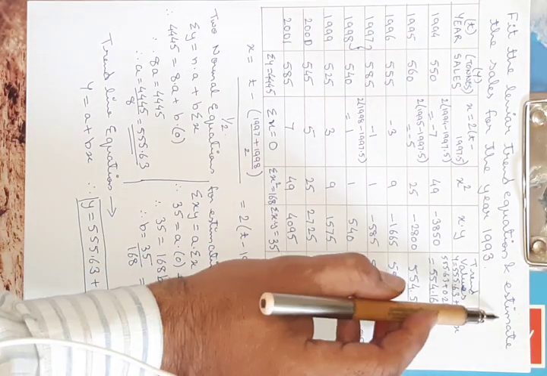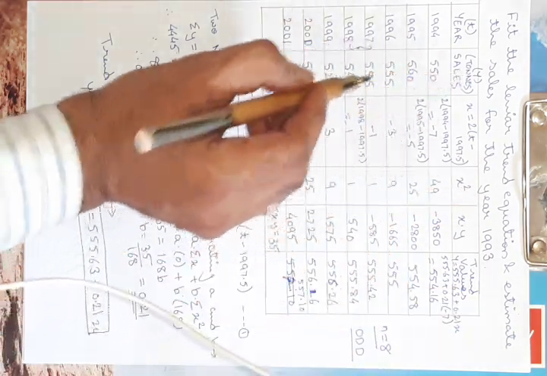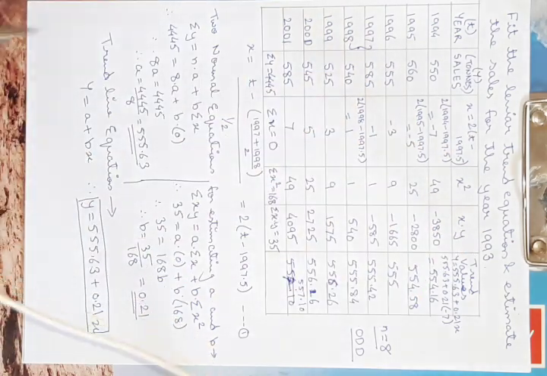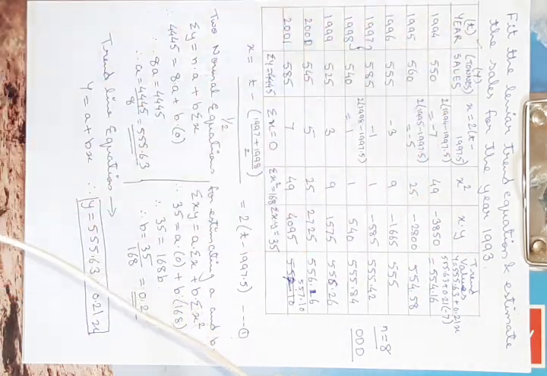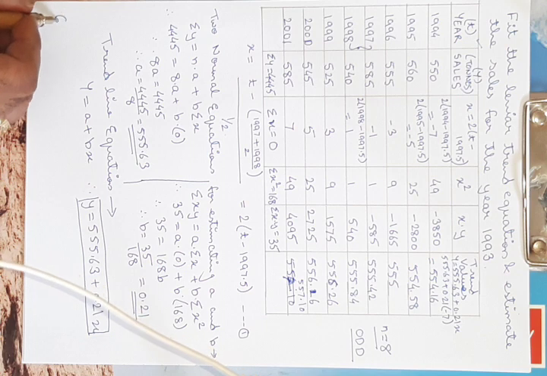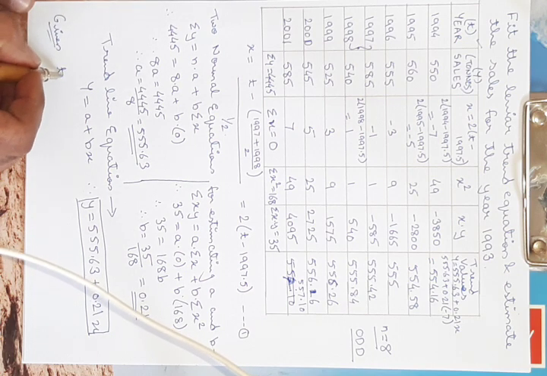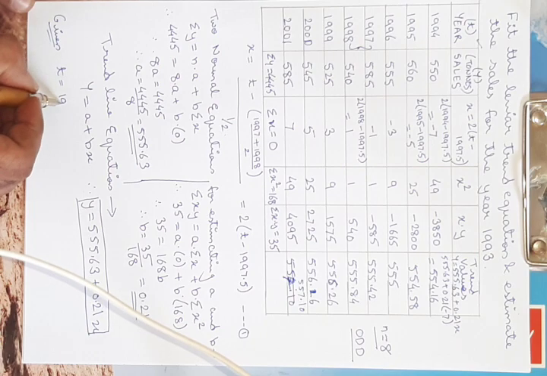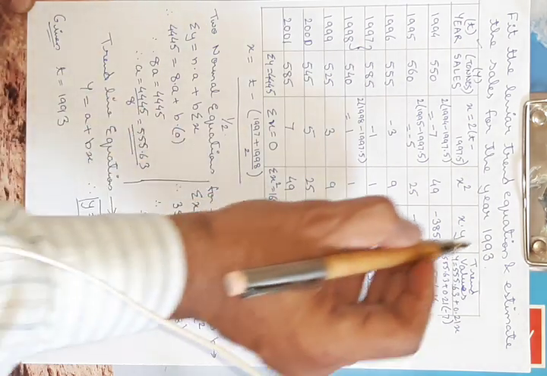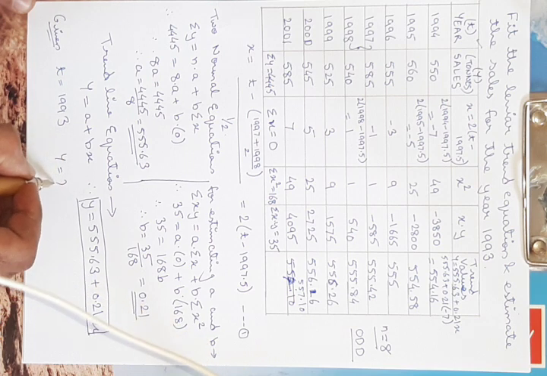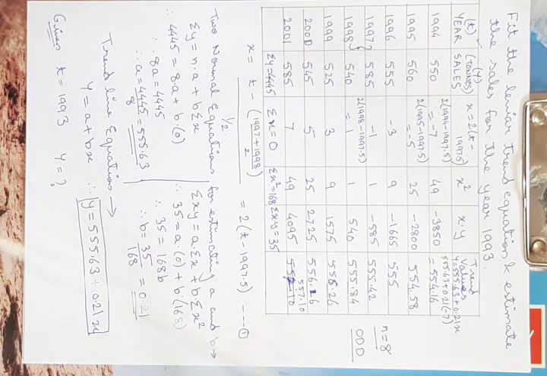Now we need to estimate the sales. That means we need to estimate the sales for the year 1993. Here the value of T is given. The given value is T is equal to 1993. What we need to calculate? Estimate the sales. That means we need to calculate the value of Y. So how will we calculate?